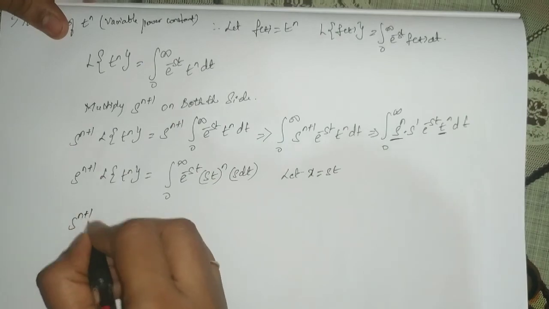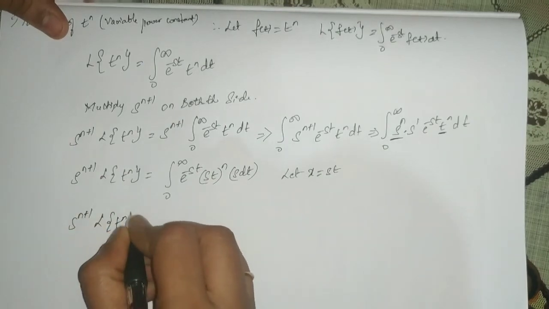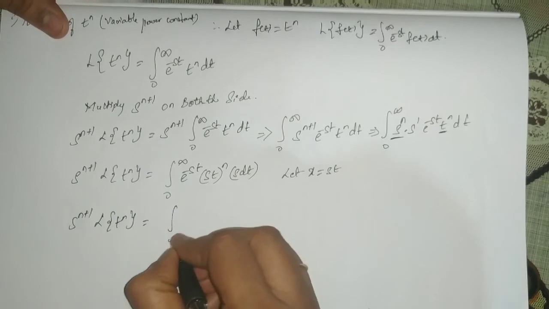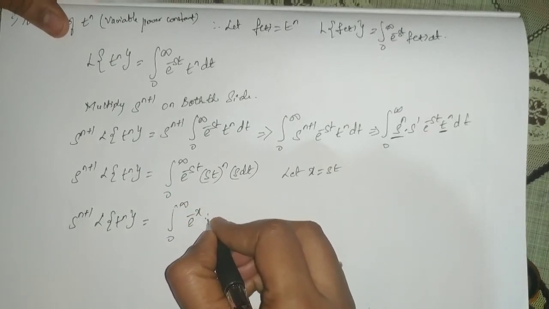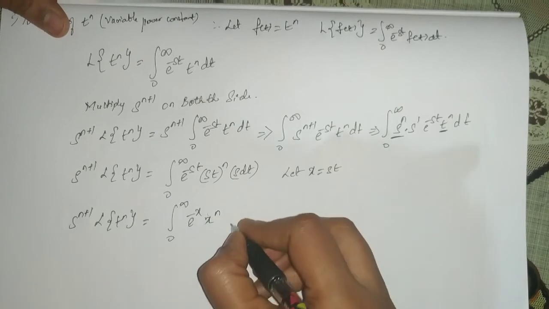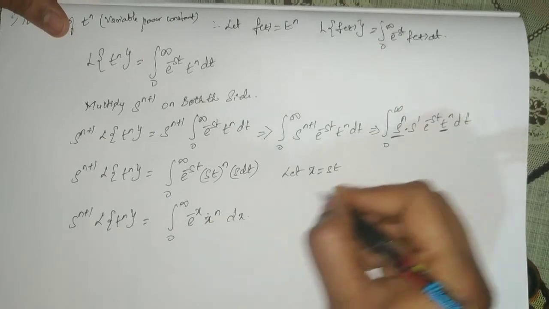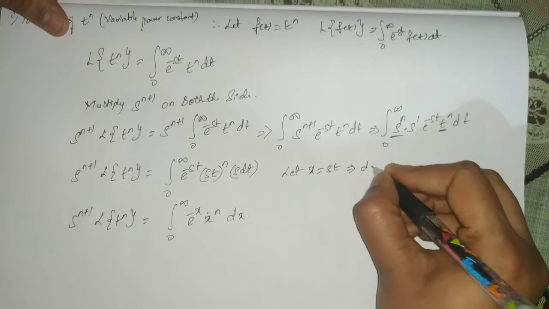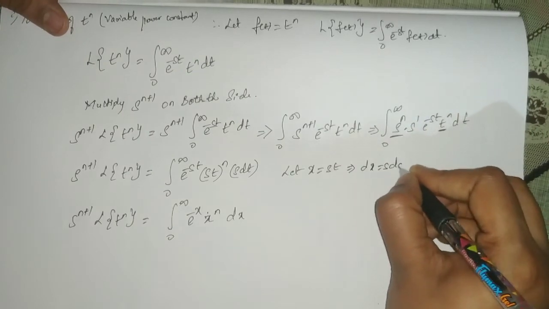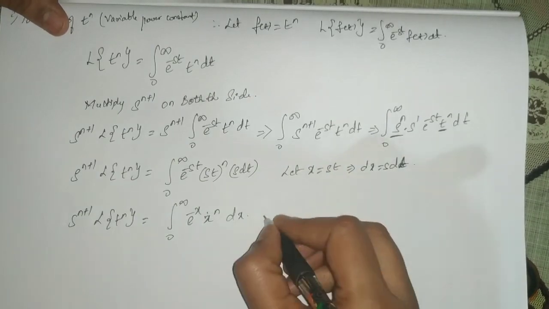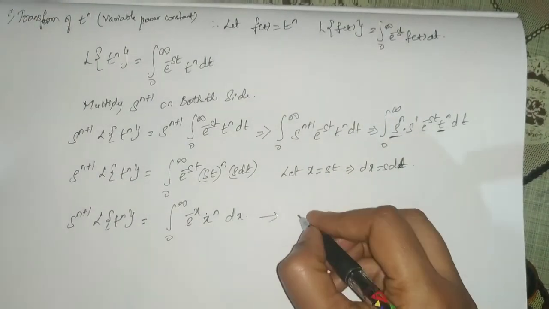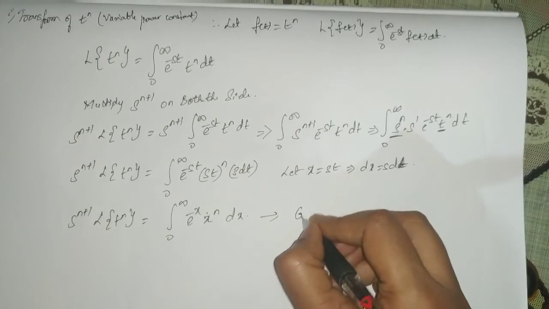So s power n plus 1 Laplace transform of t power n becomes 0 to infinity e power minus x x to the power n into dx. As you know, when I differentiate this, dx becomes s into dt. So this is nothing but the standard formula of gamma function.